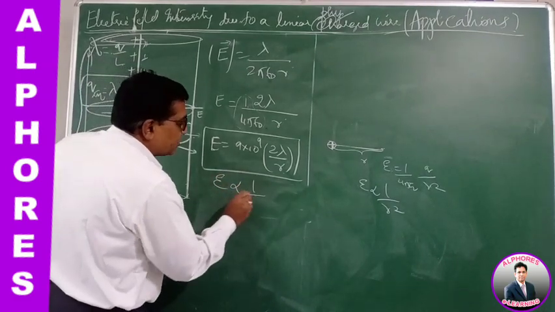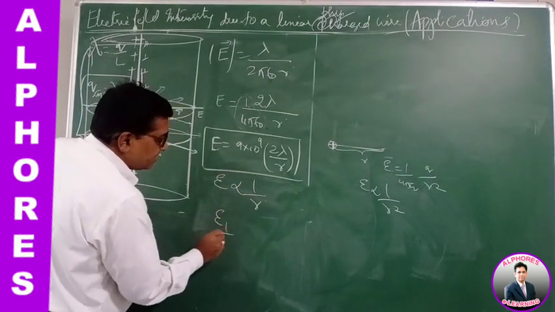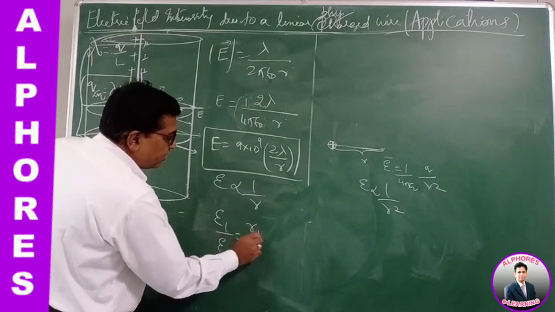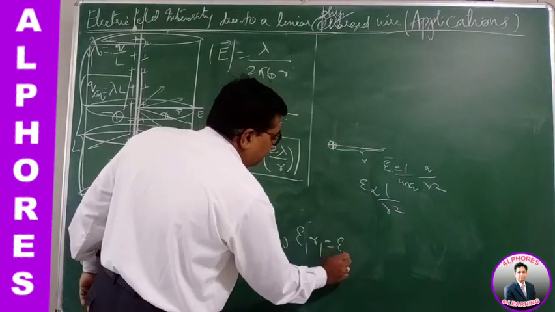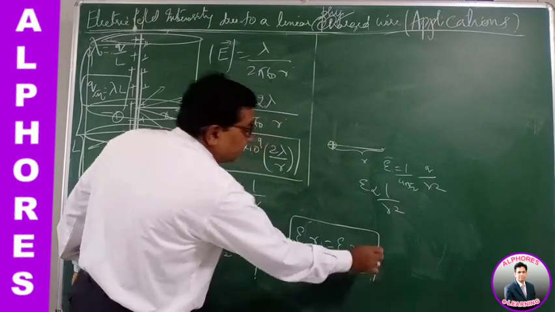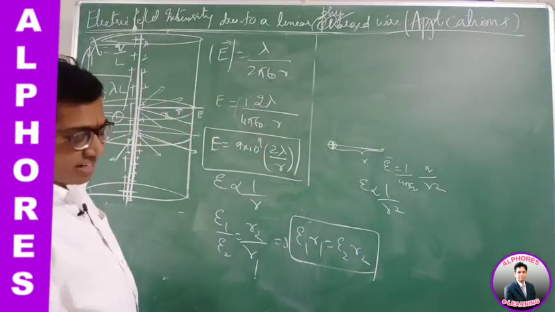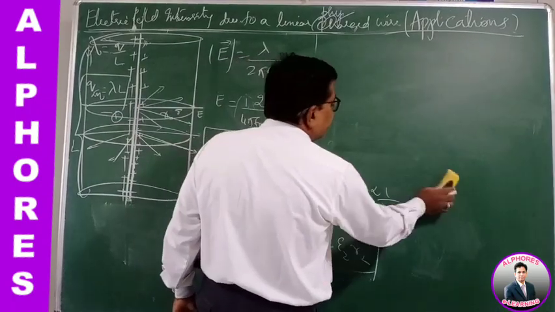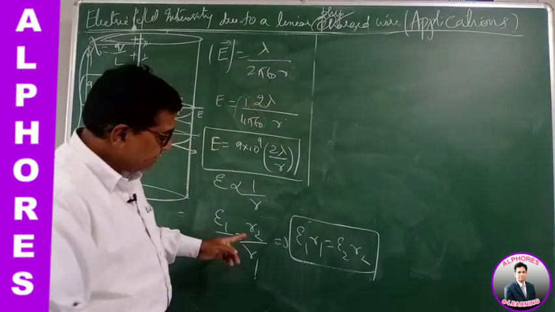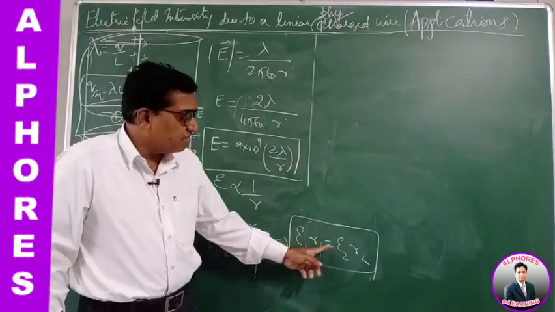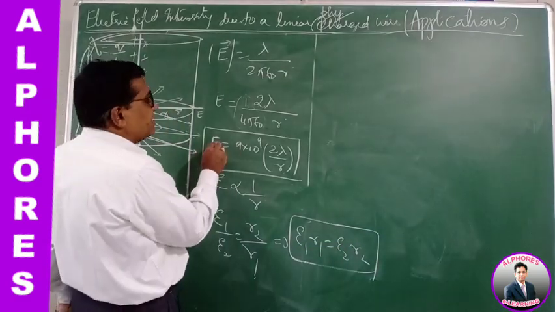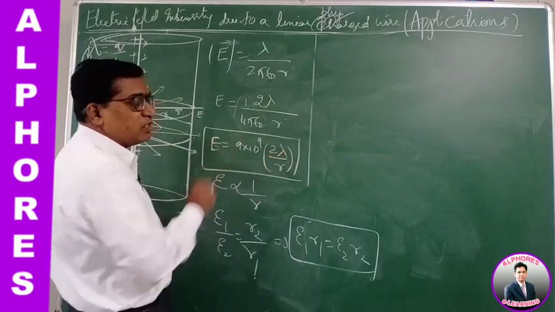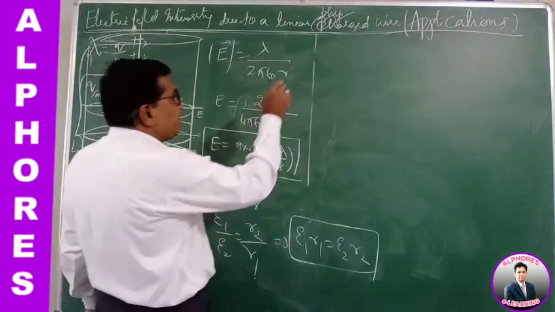E inversely proportional to R, in the sense E1 by E2 is equal to R2 by R1, or E1 R1 is equal to E2 R2. For a linear charge conductor, the electric field intensity varies inversely as R. So E1 R1 is E2 R2. Next, the electric field intensity is directly proportional to the linear charge density of the wire.